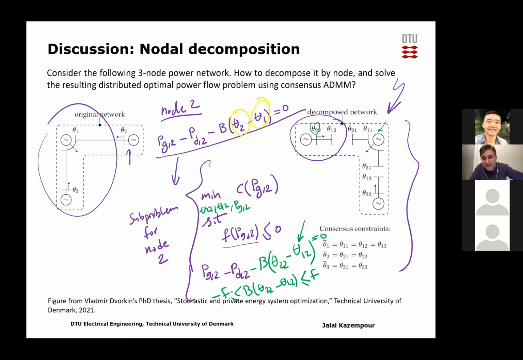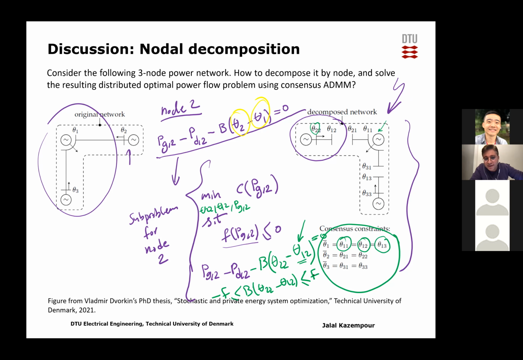So now what are the variables, the common variables between the nodes? They are this. So in this case, theta 1,2 is here. So for this variable, node 2 should get agreed with node 3 and node 1.